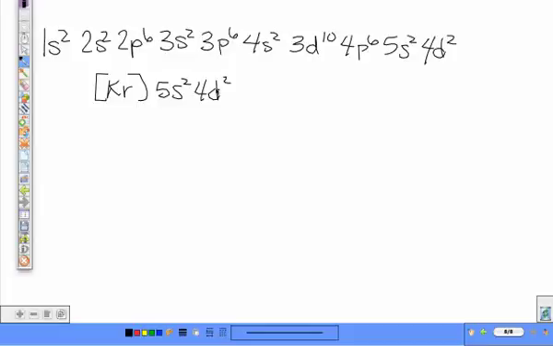Now, how many electron-containing orbitals are there? So I have to go through and count these. These are all full up until the D sublevel. We'll have to check that 4D. So there's 1 here, 3, 1, 3, 1, 5, 3, 1. Now let's check this 4D.